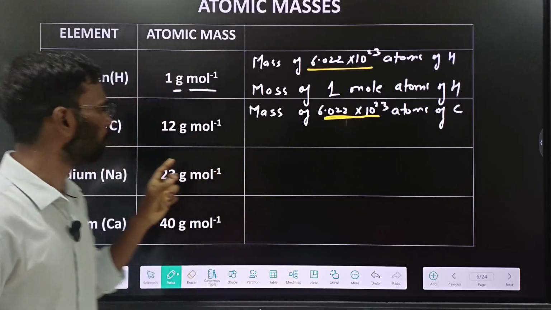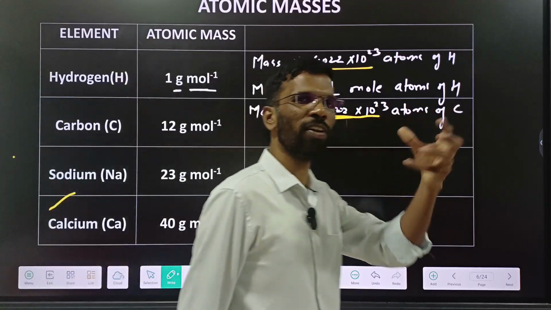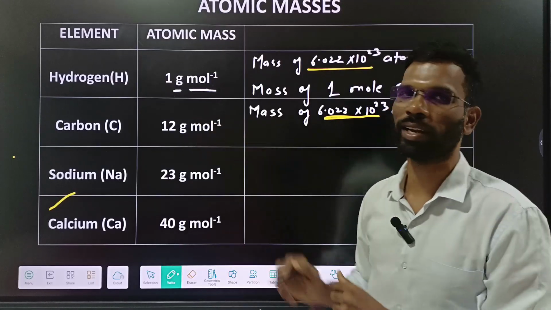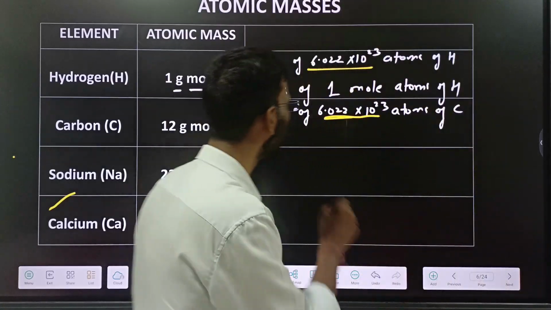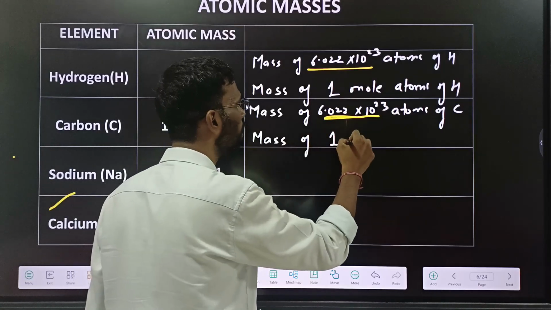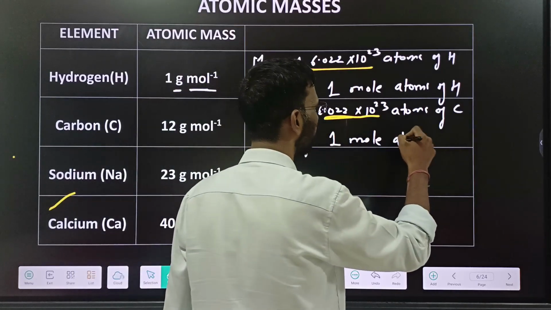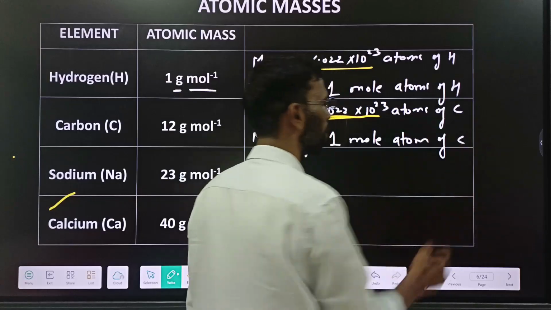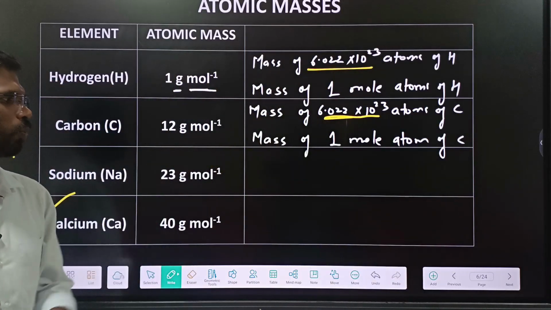Means, when these many atoms of carbon come together, that time it will weigh 12 grams. I can also say in terms of moles, it is the mass of 1 mole of atoms of carbon. We can say it this way.